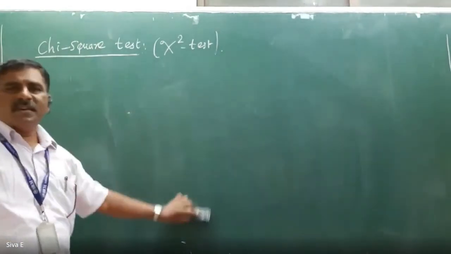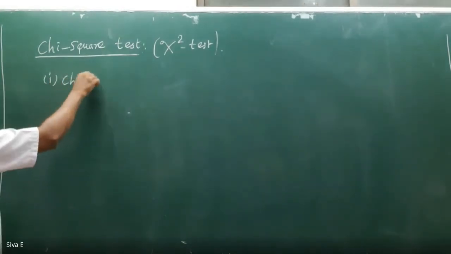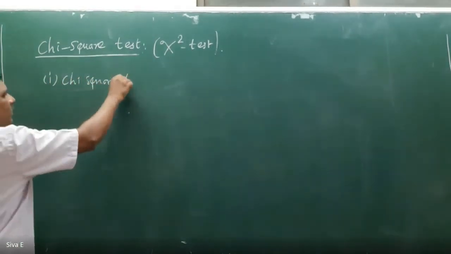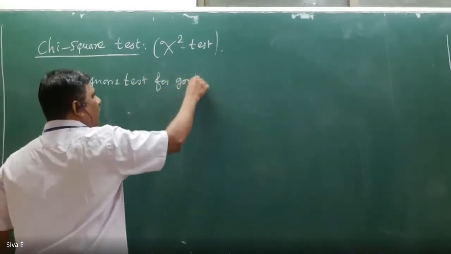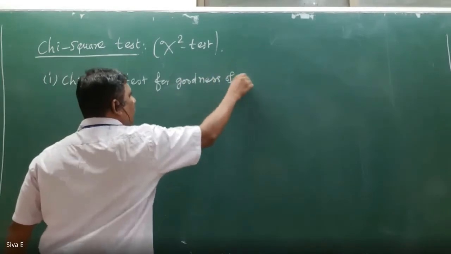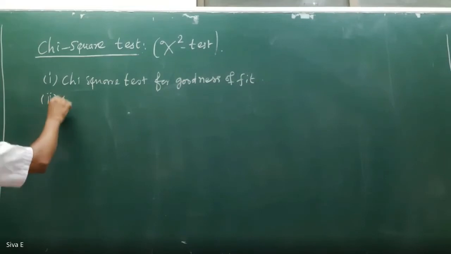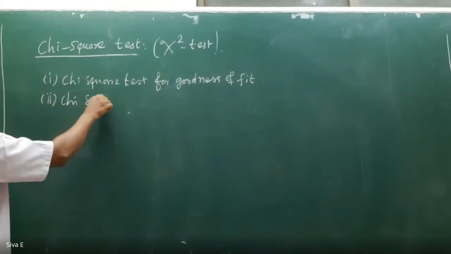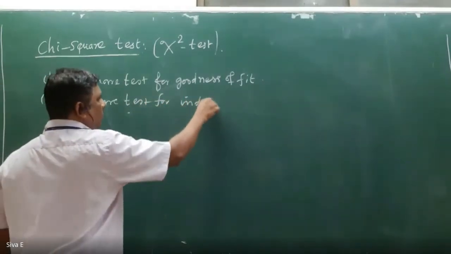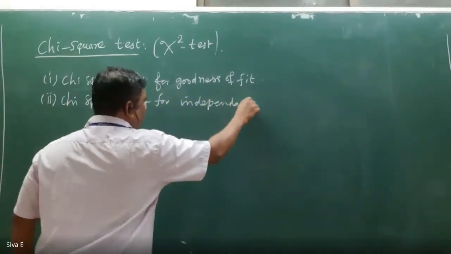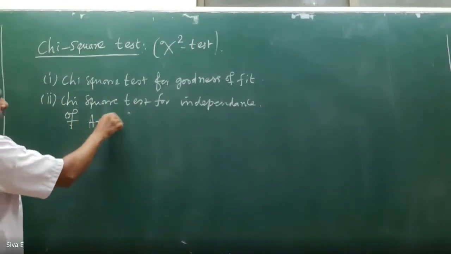There are two types of the chi-square test. One is chi-square test for goodness of fit. The other is chi-square test for independence of attributes.